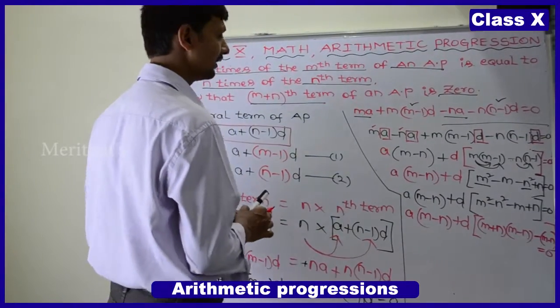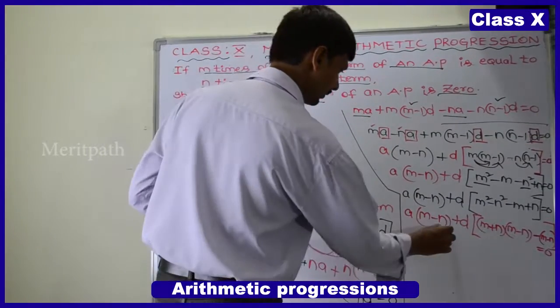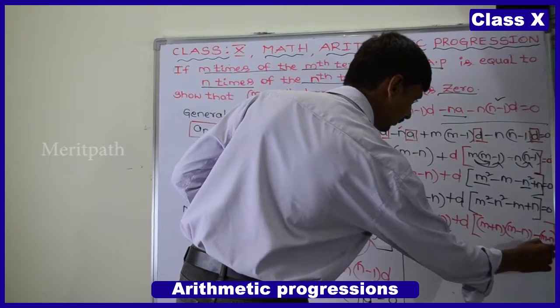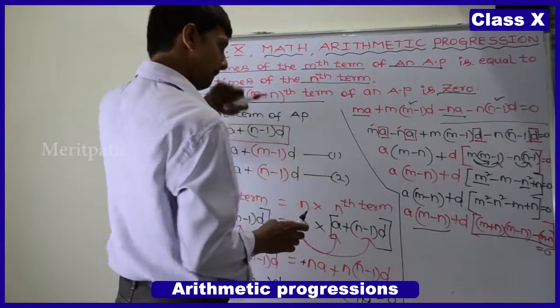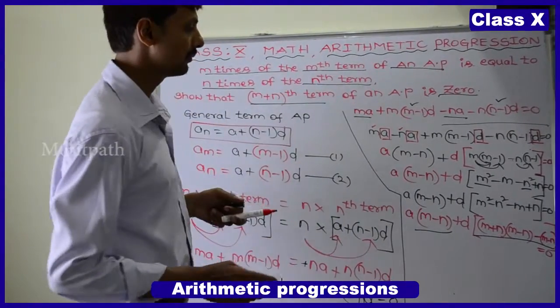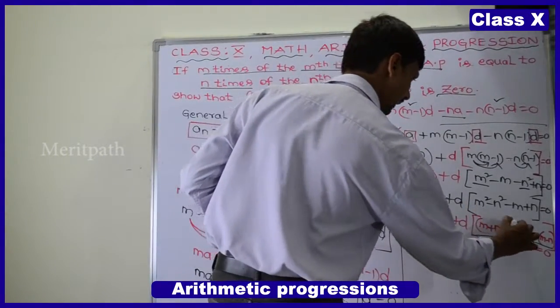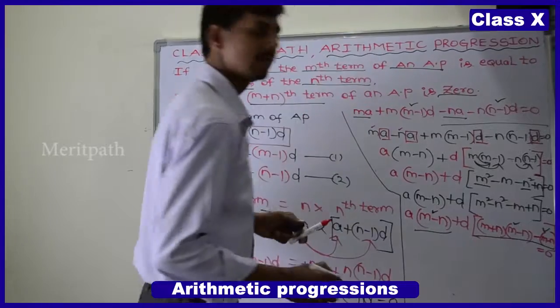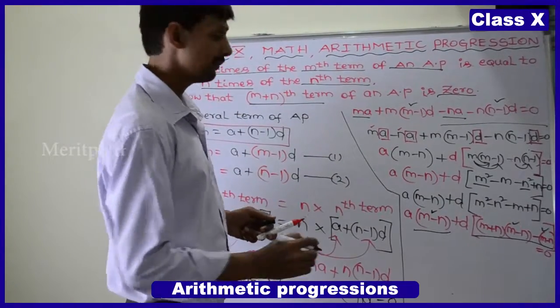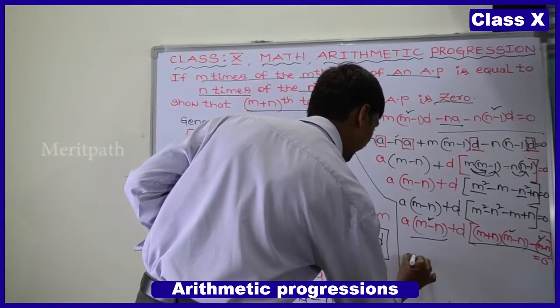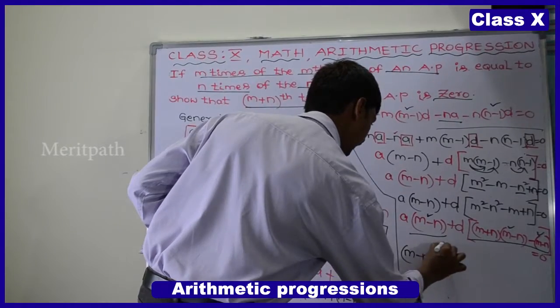Here we can observe there are two terms. This is the first term and this full is the second term. In these two terms there is a common M minus N, so let us take M minus N common.